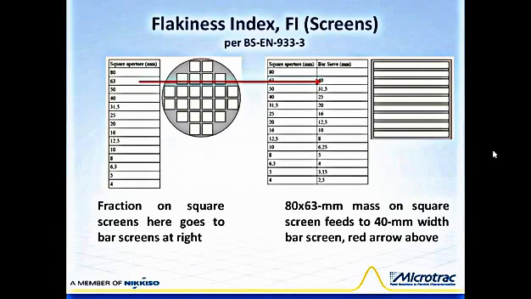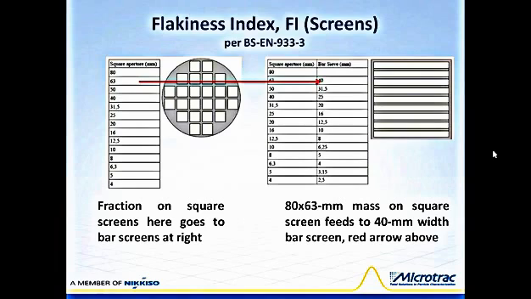The flakiness index for each individual sieve is the mass of the bar screen undersize minus 40 millimeters in the above example with the red arrow, divided by the mass in square screen fraction feed 80 by 63 millimeters in this example times 100. Flakiness index is obviously on a scale of 1 to 100%. The higher the flakiness index, the flakier or weaker the stone mix is.